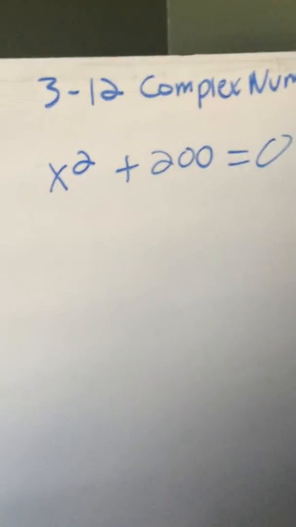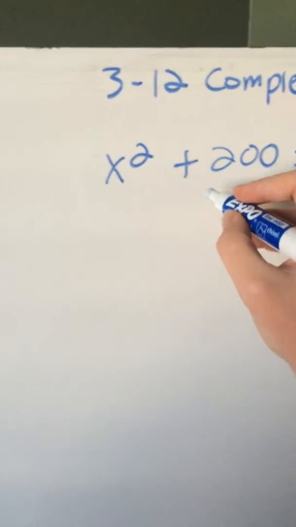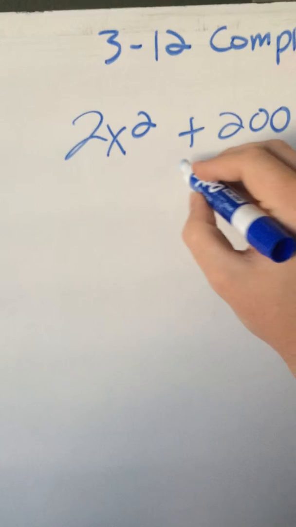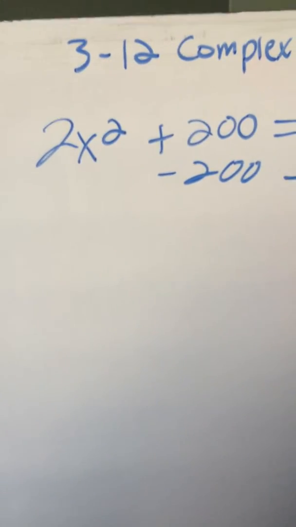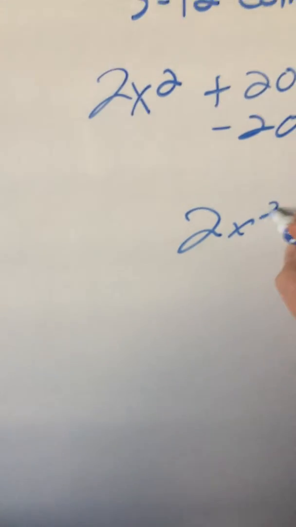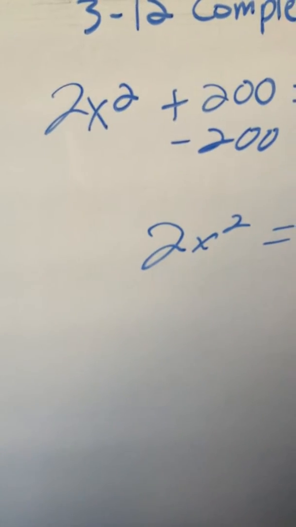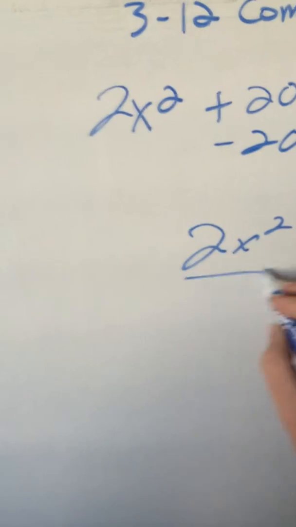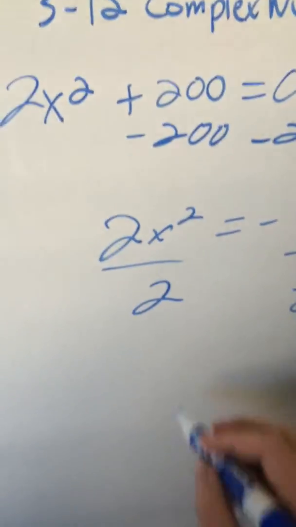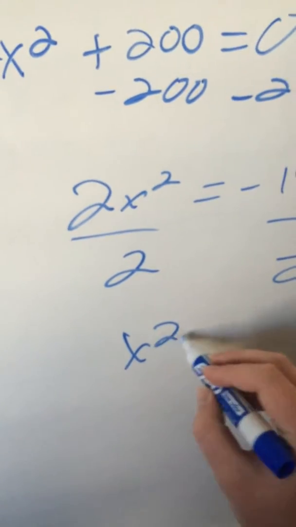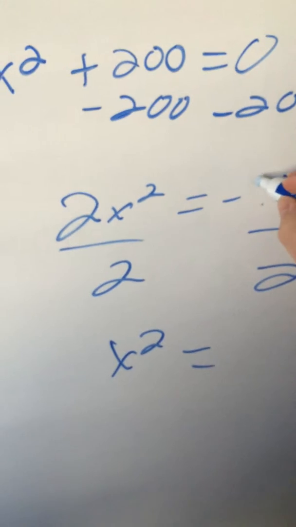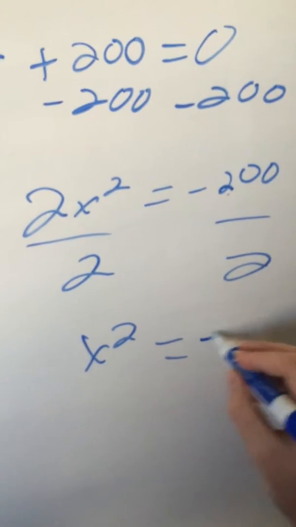First thing you do is subtract 200 from both sides, and you get 2x squared is equal to negative 200. Divide by 2 to get the x squared by itself, and so x squared is equal to negative 100.